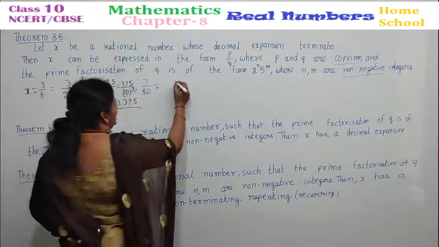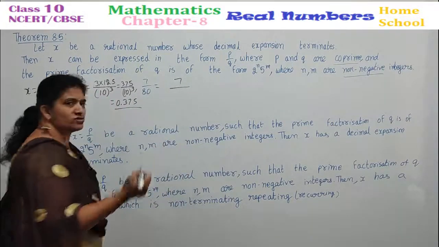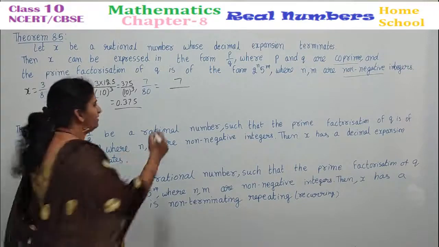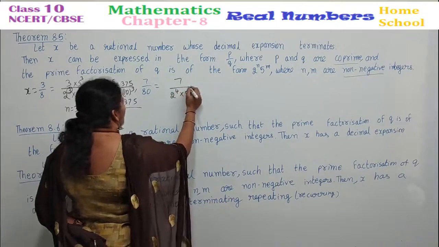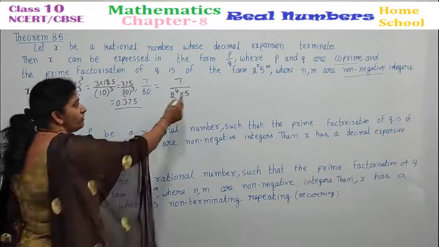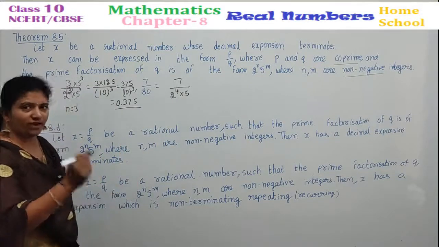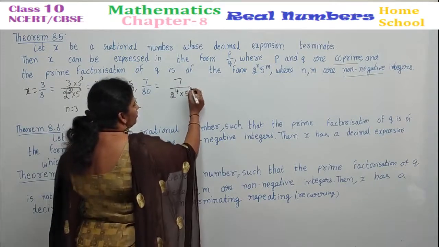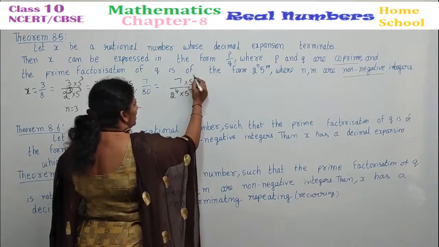7 by 80. Let me write this as 2 2s are 4, 4 2s are 8, and 10 means 2 into 5, right? 2 power 4 into 5 I have in the denominator. What are the factors? 2 and 5 are there. But I want to make an equivalent fraction. So for that I am going to multiply by 5 cube.